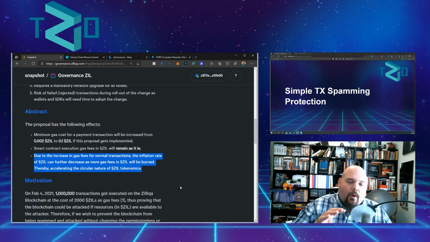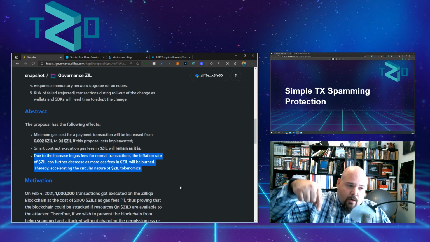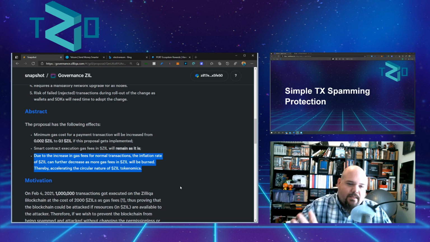Now, when we burn ZIL on Zilliqa, I think this is a point that I've learned over the past few weeks that I think everybody should know, that should be more transparent out there, is it doesn't go away. Some networks, it goes away. My understanding, correct me if I'm wrong, go in the comments, correct me if this is a mistake, but my understanding currently, based on direct information from the Zilliqa team, is that that gets locked away.